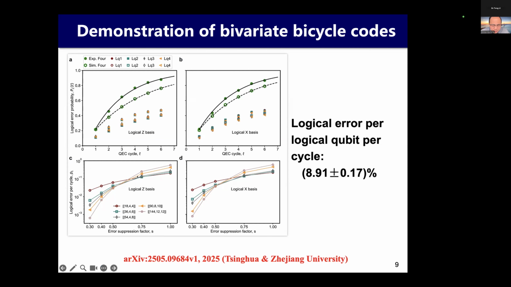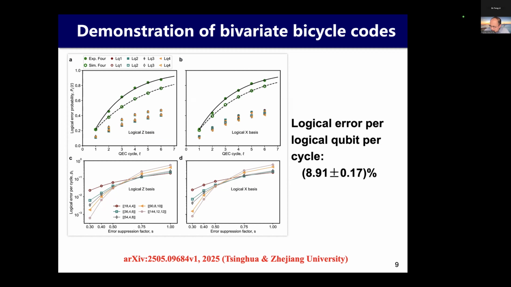The break-even point is basically this crossing point. From this sub-figure, you can see that we are not very far away from the break-even point. We need to suppress our current error by roughly 13 to 14%. So we are working very hard in this direction.